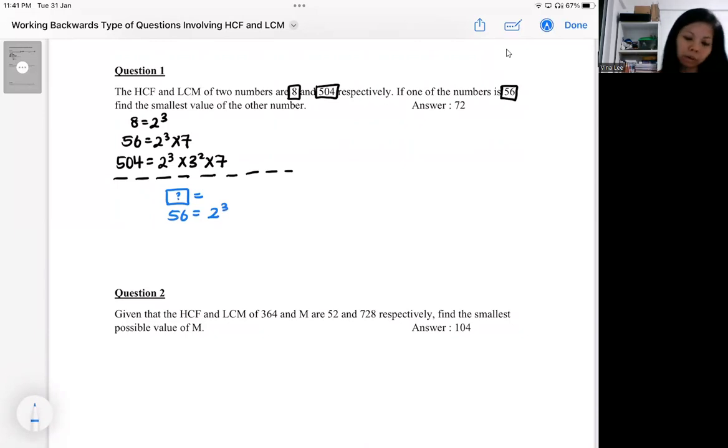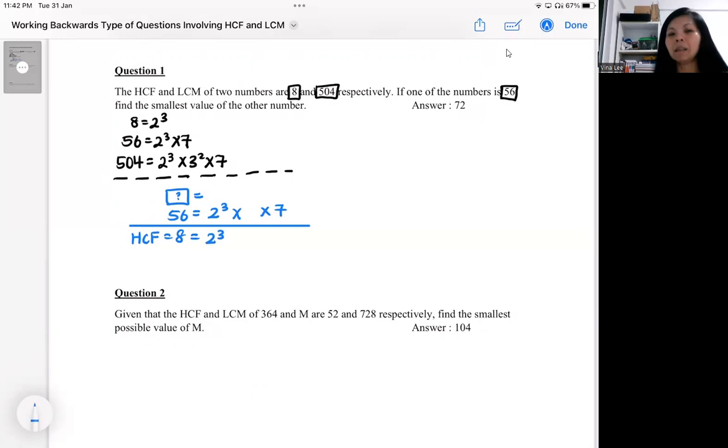After you have gone through the prime factorization of the 3 numbers, you will realize that there's actually a factor 3. So it is best that you leave a space for that. Then the first thing I will think of is the HCF, because HCF is the highest common factor.